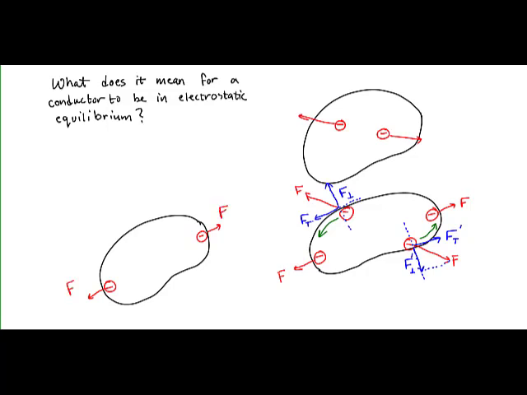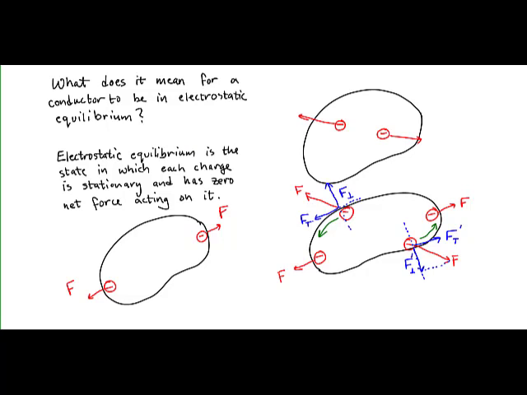So what is electrostatic equilibrium? Electrostatic equilibrium is the state in which each charge is stationary and has zero net force acting on it. So let's look at what happened here.